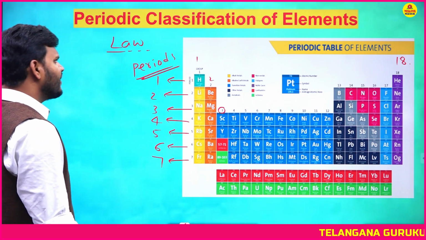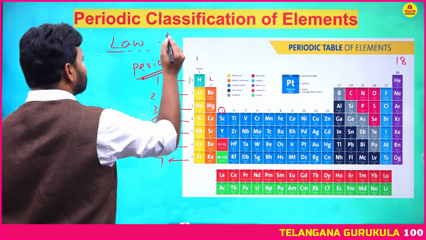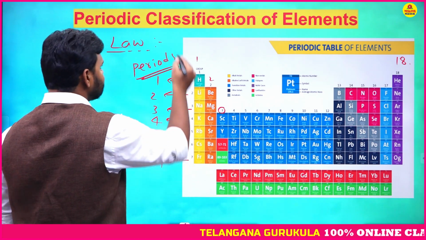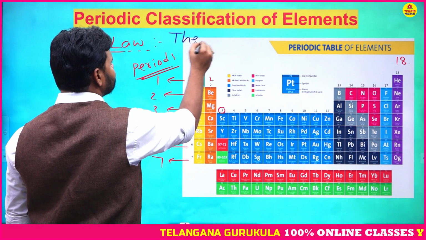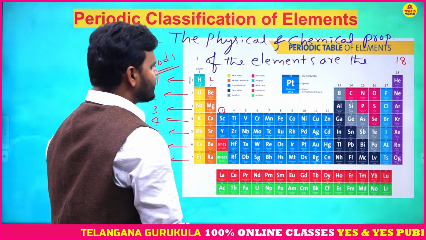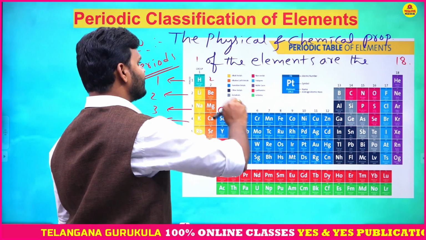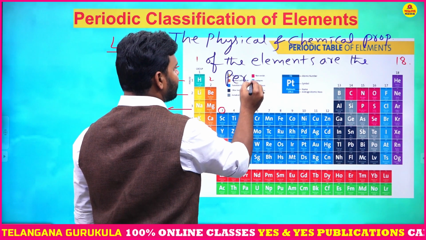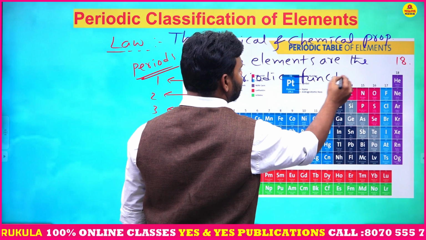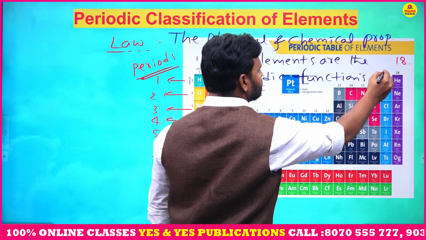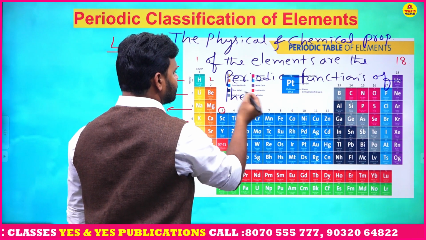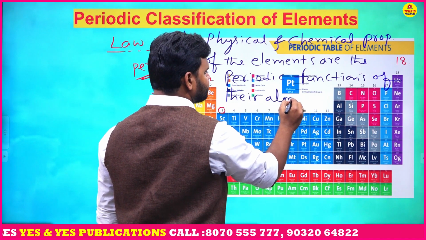So what is the modern periodic law? The physical and chemical properties of the elements are the periodic functions of their atomic number.